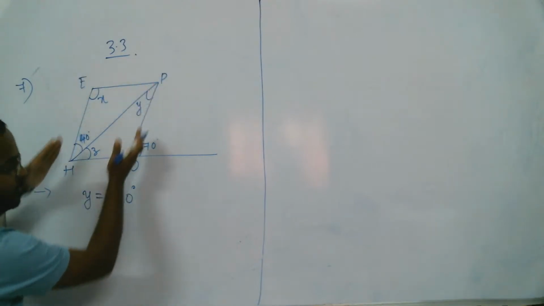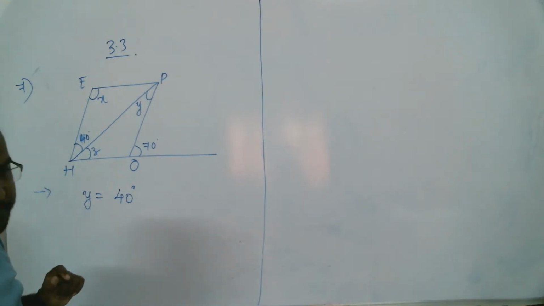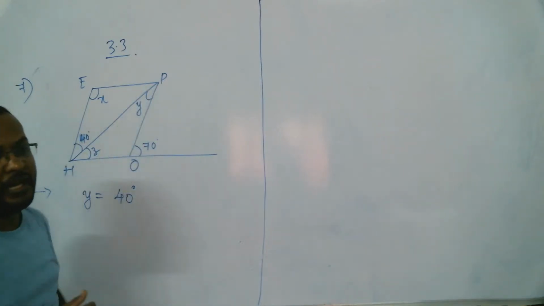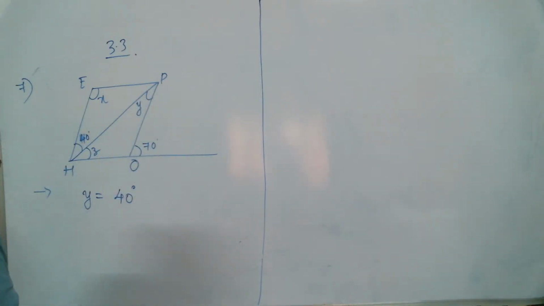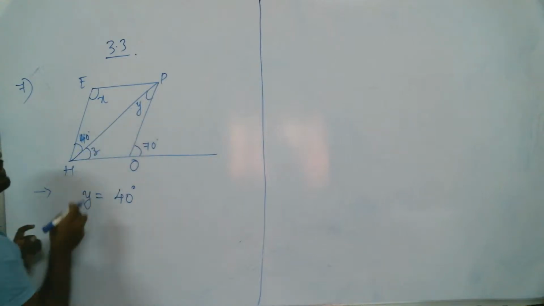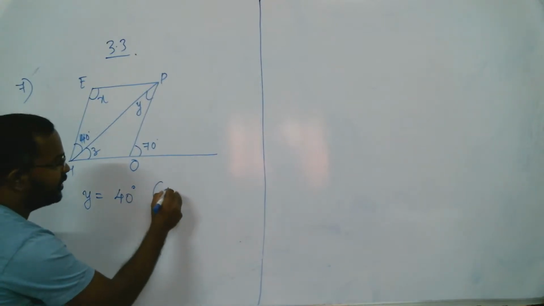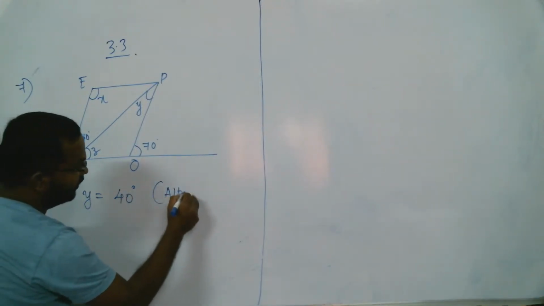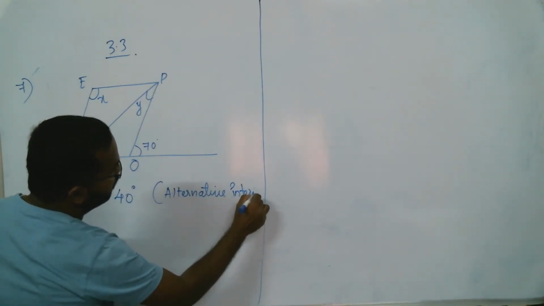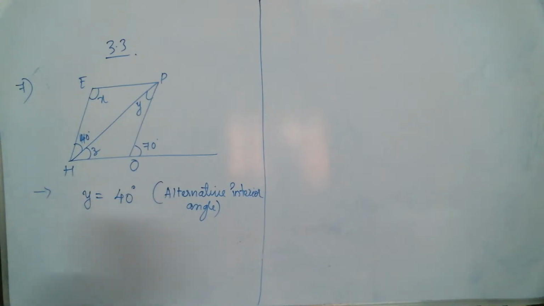Because if we take these two lines, this line and this line are parallel lines, and this is your transversal, and this angle and this angle are alternate interior angles. So you have to write the reason also. Y is equal to 40 because alternate interior angles. We got the value of y.